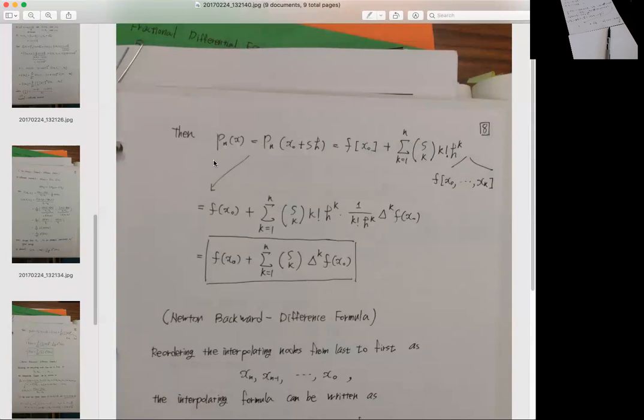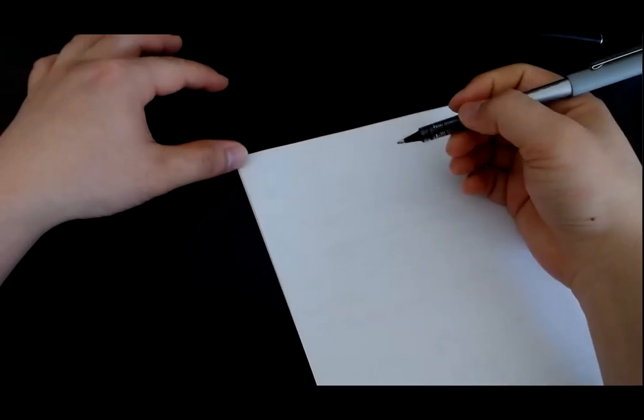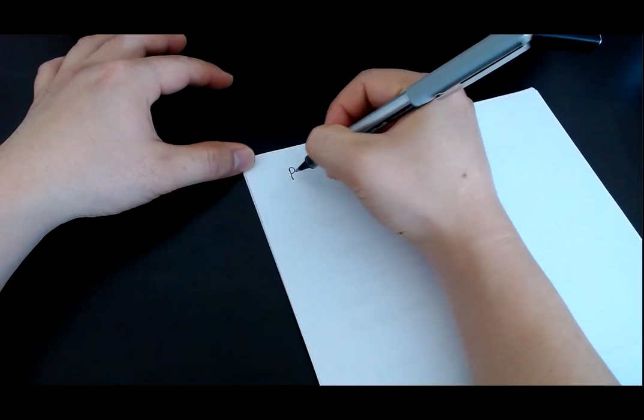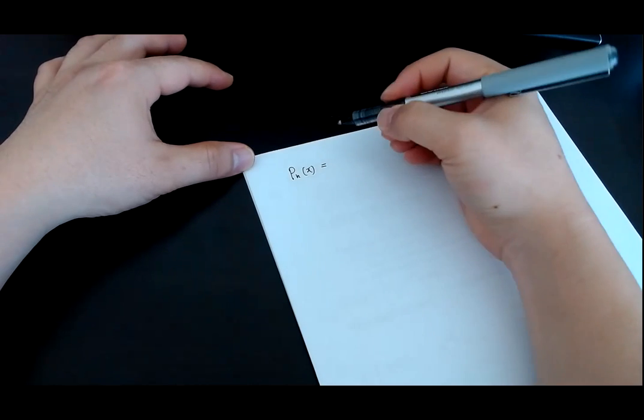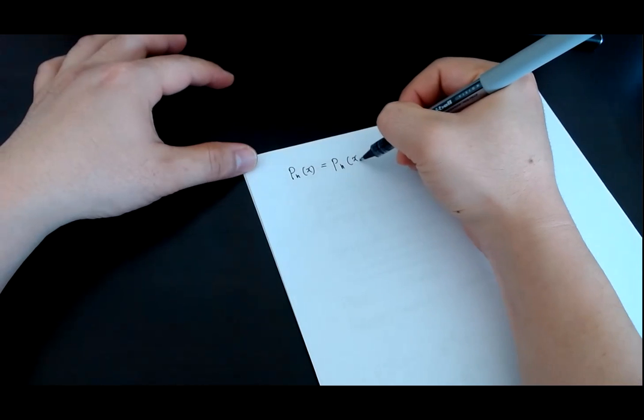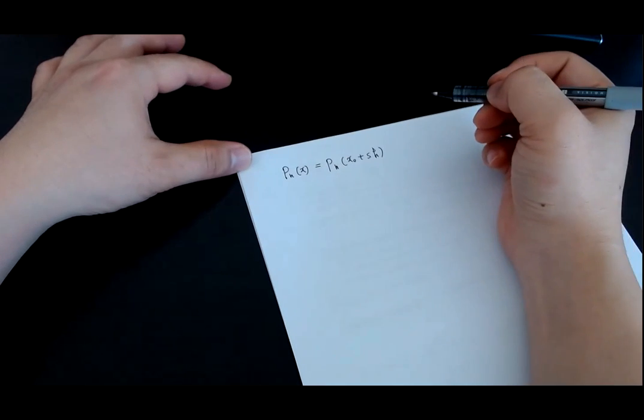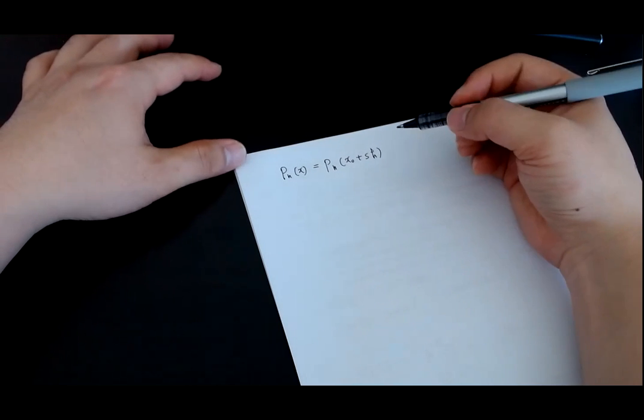Now finally, f of x is equal to p_n of x0 plus sh. Now we're going to combine. Remember that p_n of x is p_n of x0 plus sh, because we assume the nodes are equally spaced.